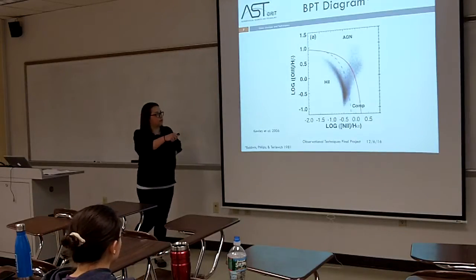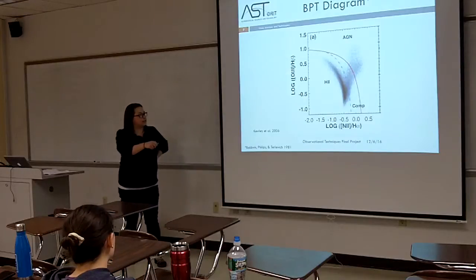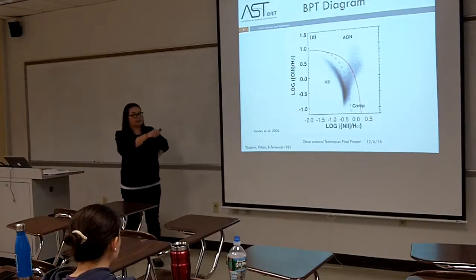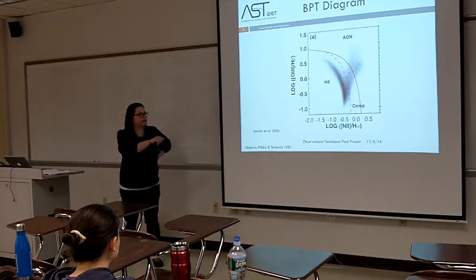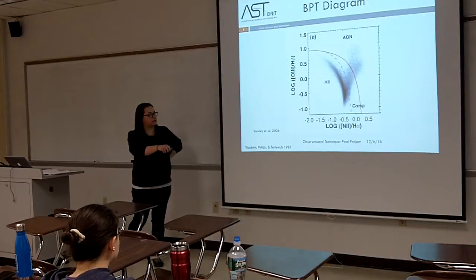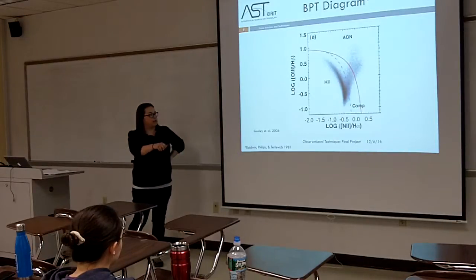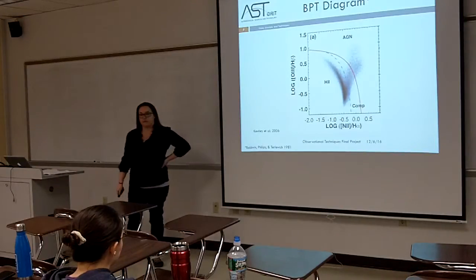What happens when you plot your galaxies is that you have a nice sequence of star-forming galaxies that traces metallicity from low to high, and our AGN move up onto this part of the diagram.